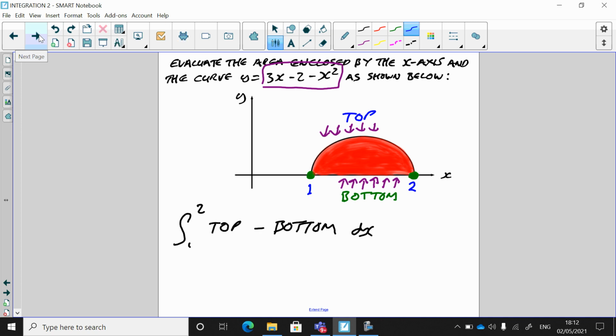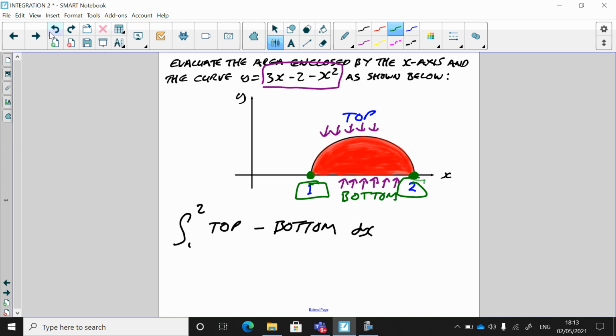Right, so it's top take away bottom, and they've already given you the limits of integration. The limits of integration, just so you know, run from the furthest point left in terms of x to the furthest point right in terms of x.